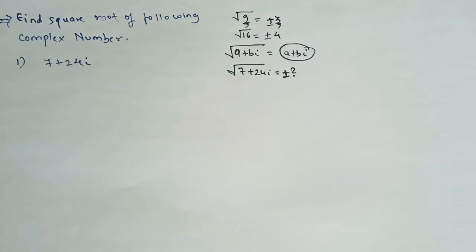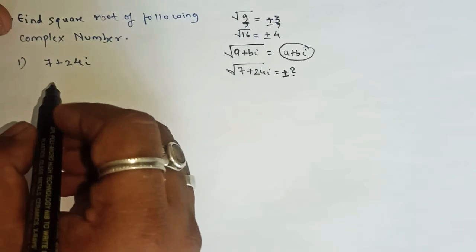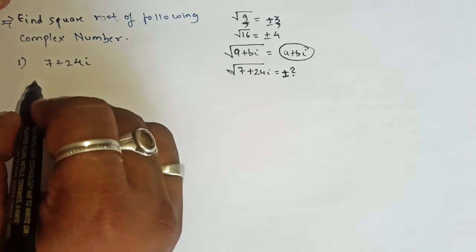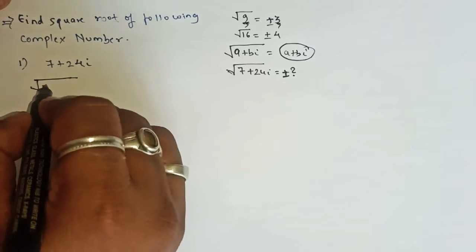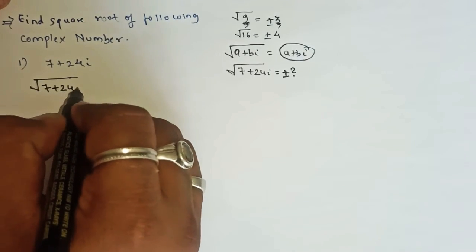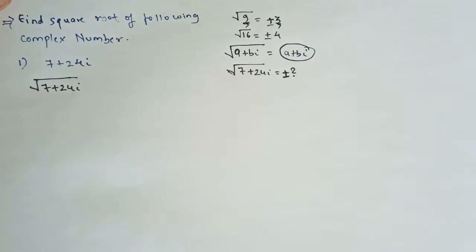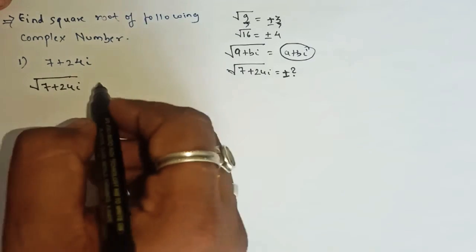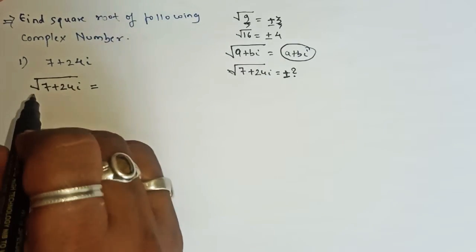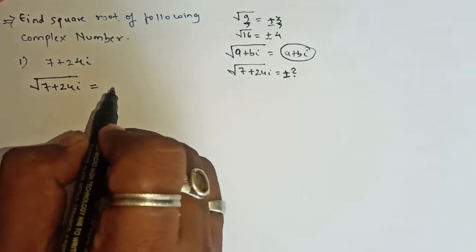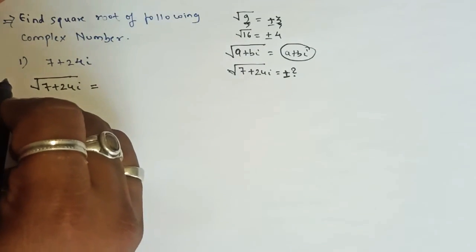Okay, so let's see the procedure to find the answer for a complex number. How to find the square root of any complex number? Now we have to find the square root of 7 plus 24i, yes or no. What will be the answer for this? We don't know, but we are sure that the answer for this complex number will be in the form of a plus bi. So here we consider the first step.